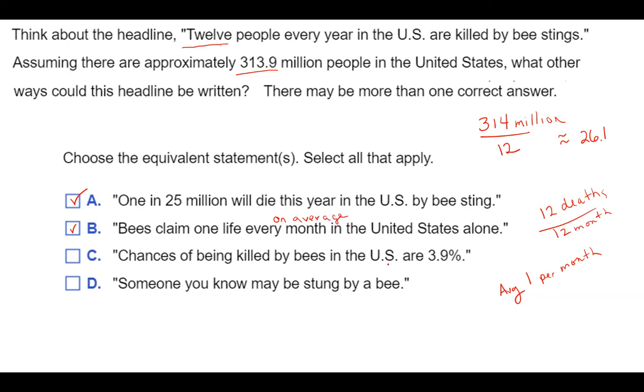Chances of being killed by bees in the U.S. are 3.9%. Do 3.9 people out of 100 people die? I don't think so. That's somebody who wasn't paying attention to the fact that there's 12 people. If you did 12 out of 314 or 313.9, that probably is 3.9%.